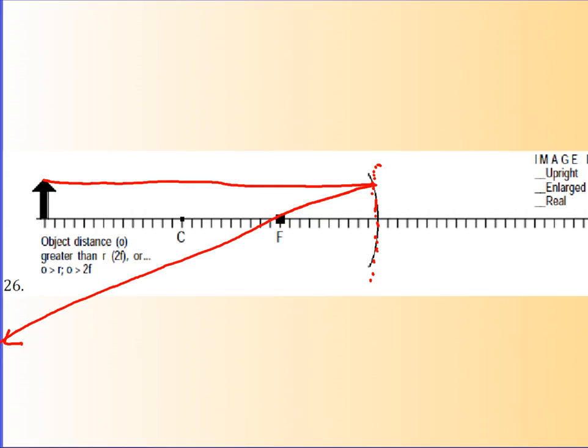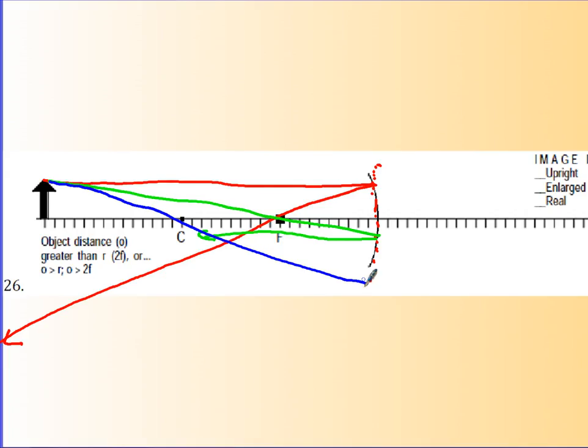The next one's going to go in through the focus. Kind of steep here. And it's going to bounce off parallel. And the last one is through the center. Let's see if I can. So I've really messed these up.